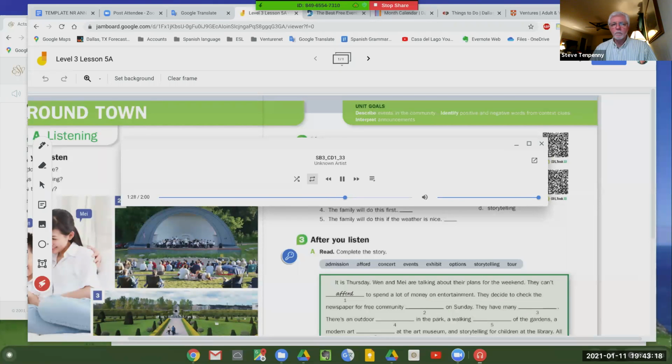Free storytelling for children on Sunday at 10:30. Everything is happening on the same day at the same time. What do you want to do, Wen? Why don't we go to the library first? Okay. Then let's plan to go to the concert if the weather is nice. And then maybe later we can go to the art museum. Yeah, that sounds good. I'll check the weather forecast for the weekend. Then we can decide.